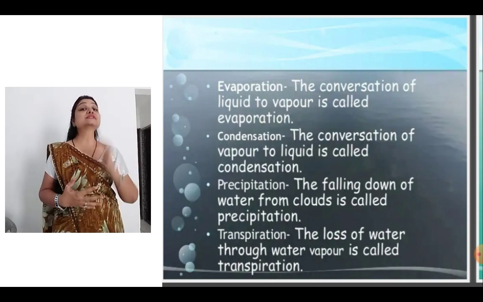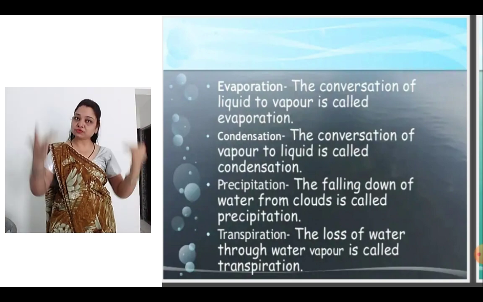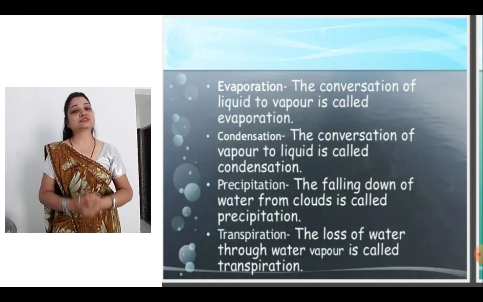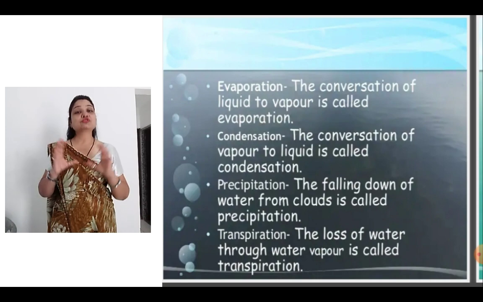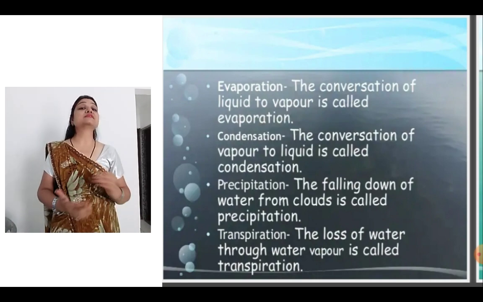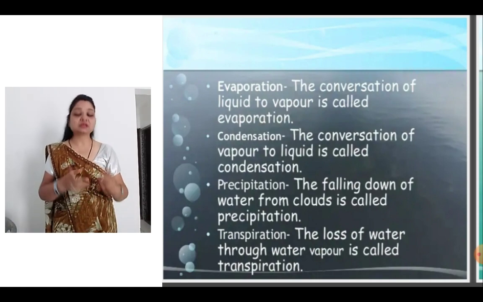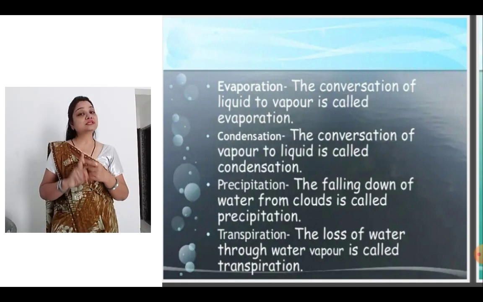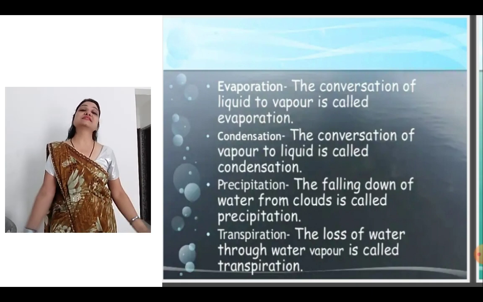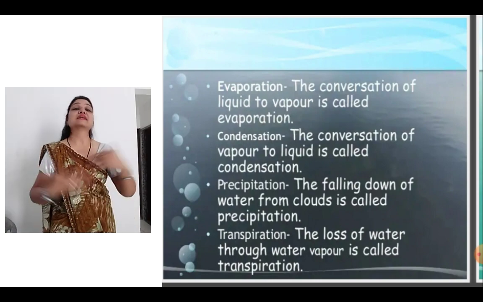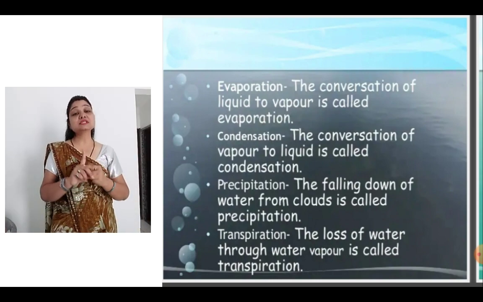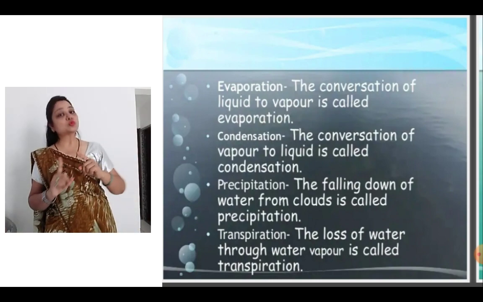That is precipitation, the falling down of water from the clouds. So very simple and easy, but a very important topic: evaporation, condensation, precipitation, and then it is collected again in water bodies, that is collection. These are the four main processes of the water cycle.